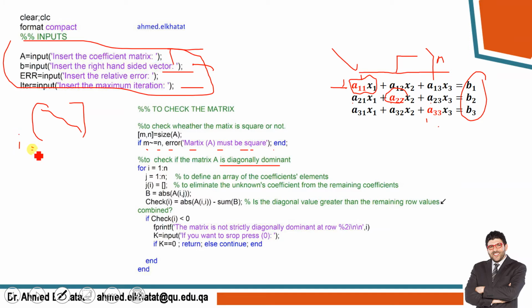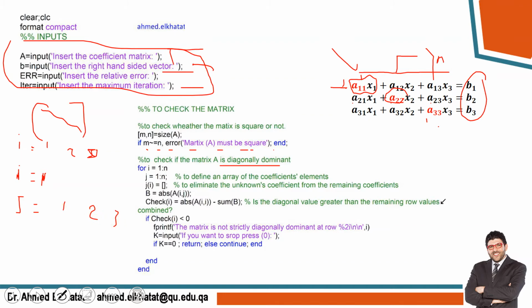Suppose that we have three trials, 1, 2, and 3. So let's start with i equal 1. For the first trial, j will be 1 to 3, so j will be 1, 2, 3.